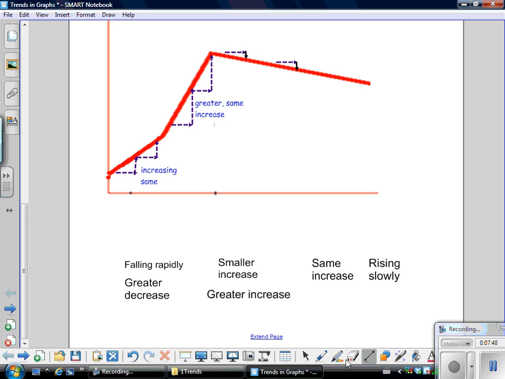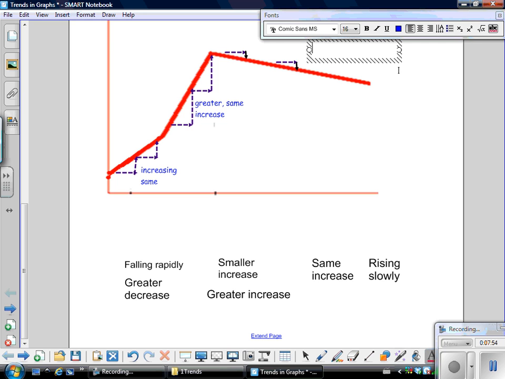Well, no, the vertical distance isn't very long. So what I can put for this part of the graph when I'm explaining it is that it's a small, same decrease. Okay, later on we'll talk about the word constant and stuff.